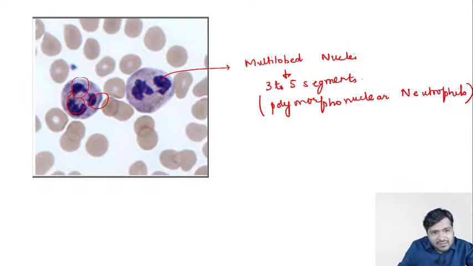That's why the cytoplasm is a little pale as compared to the nucleus, which you can very well visualize. The nucleus is darkly stained as compared to the cytoplasm. So it contains specific granules that give the cytoplasm a pale pinkish color.